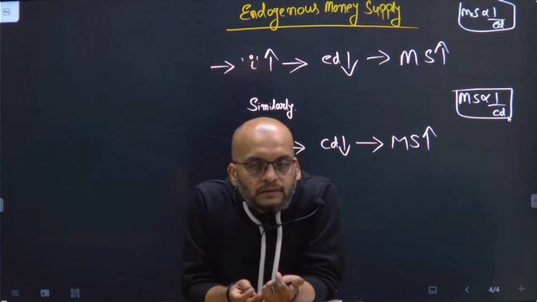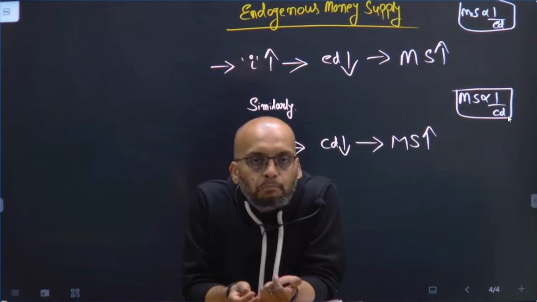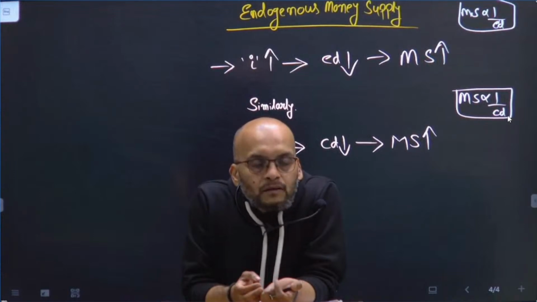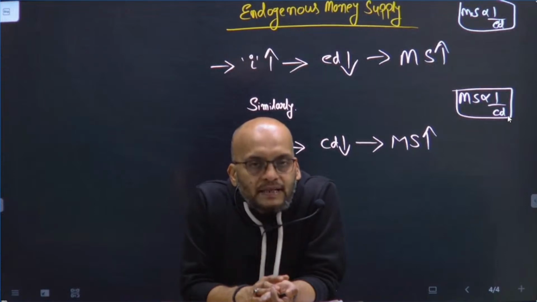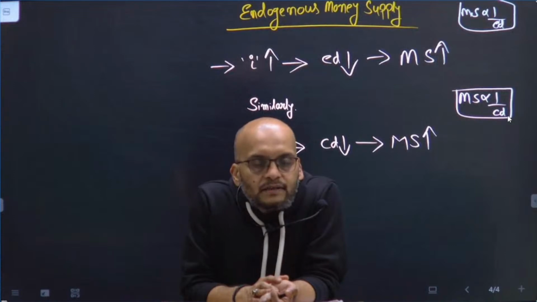Rather, if bank is getting an opportunity to earn more, then what will bank do? It will give out. And what's the procedure by which bank earns? The main source of earning of banks is lending out the money. They earn via interest.